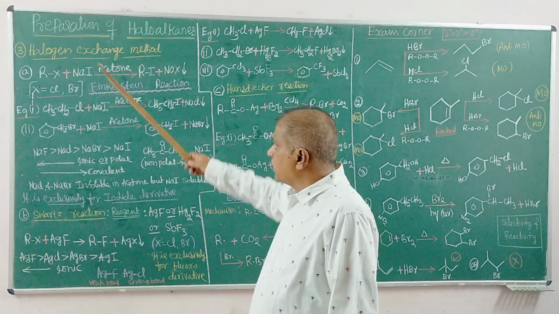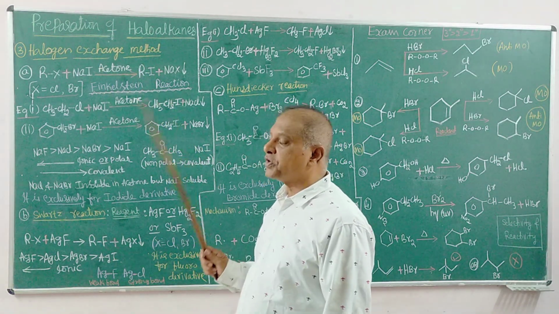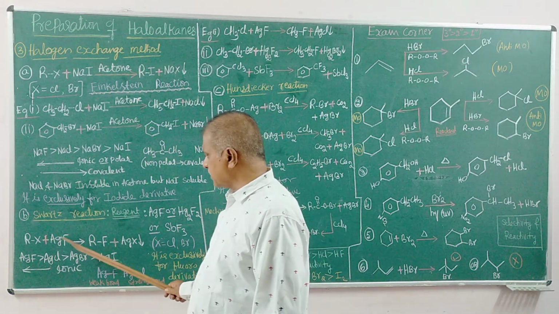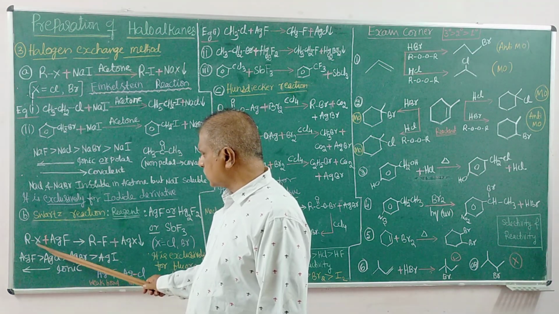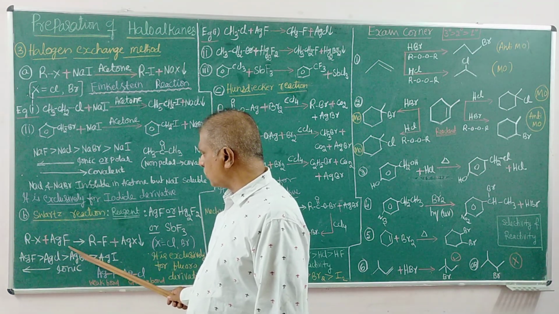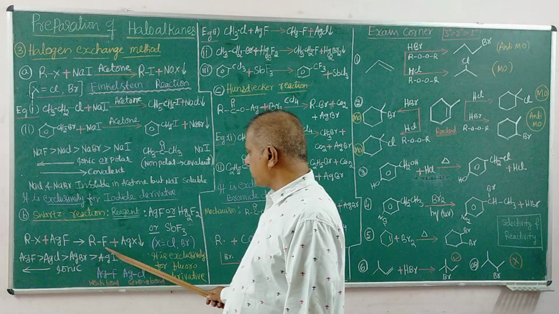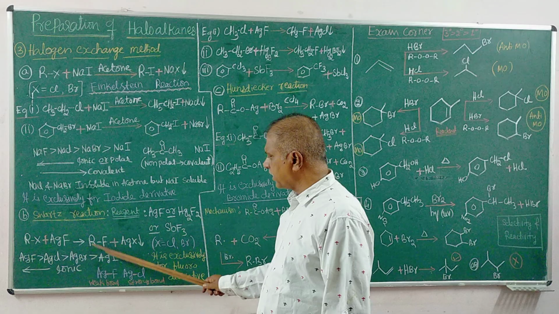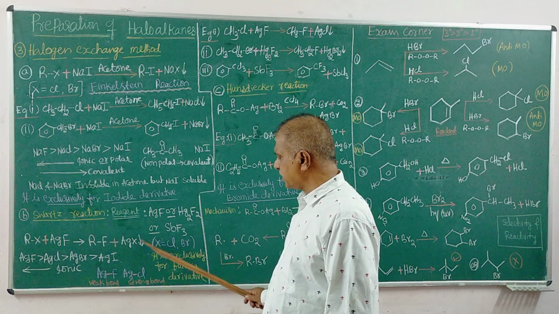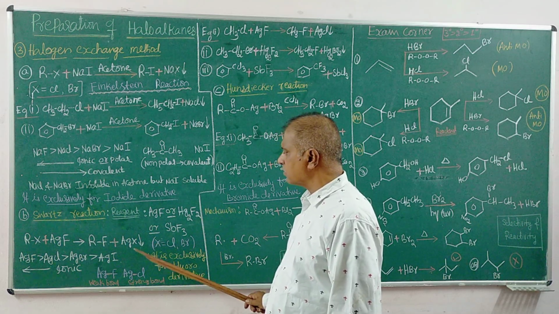Here also the same kind of reaction takes place: halogen exchange. These halogens are exchanged between the two molecules. After that, you get the product like this: RF, the fluoro derivative of alkane, and AgX precipitated as AgCl or AgBr.